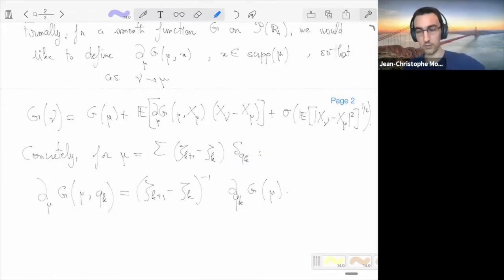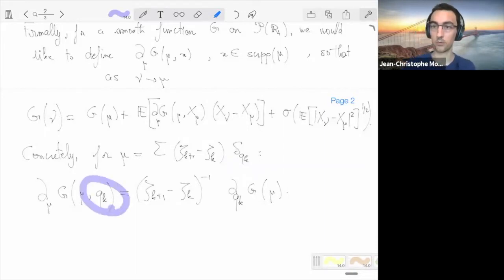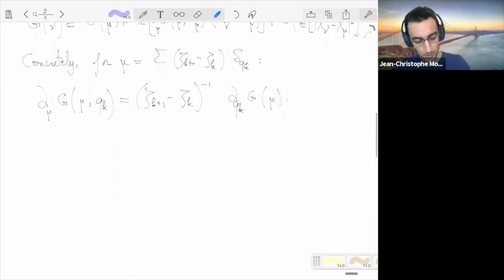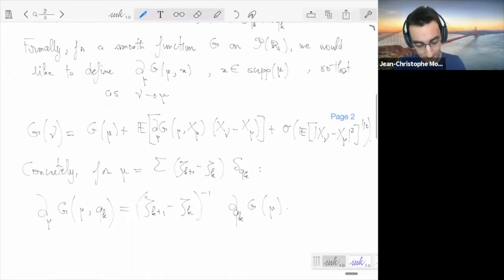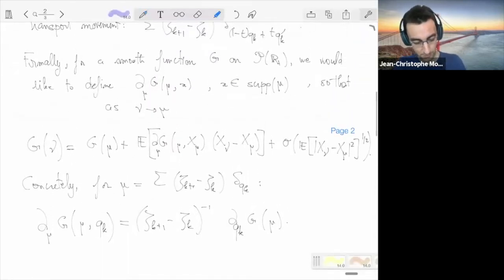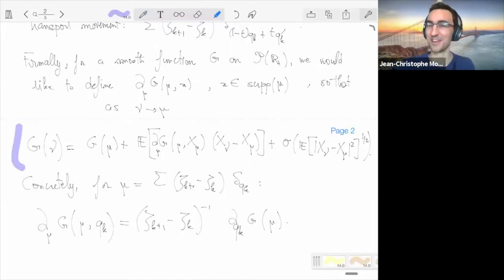And instead of writing this as a very high dimensional vector, I just index it by this argument here. So I just write qk to say which Dirac we are moving around. All right, so that was just a small conversation. I claim that this is what I want, but you can object to it.